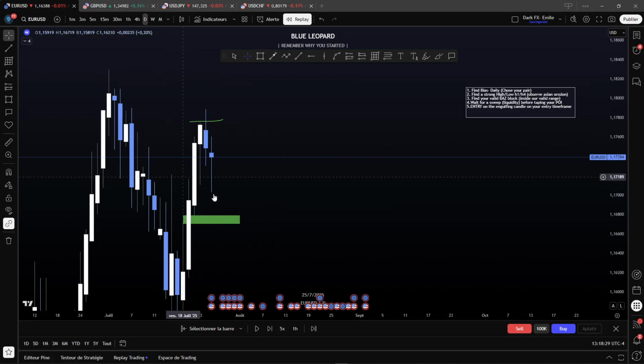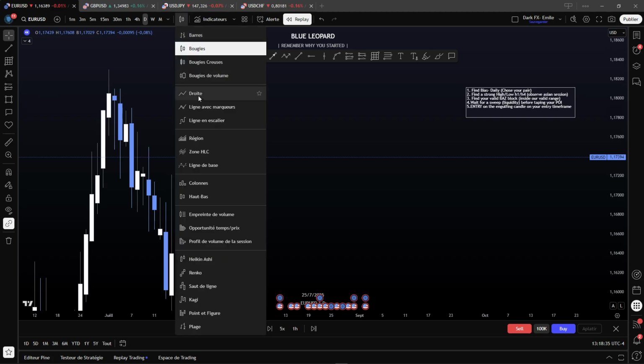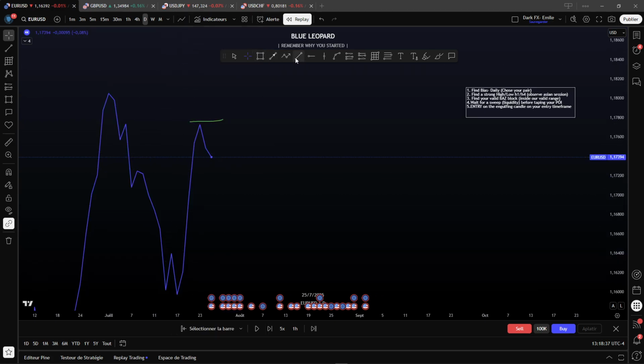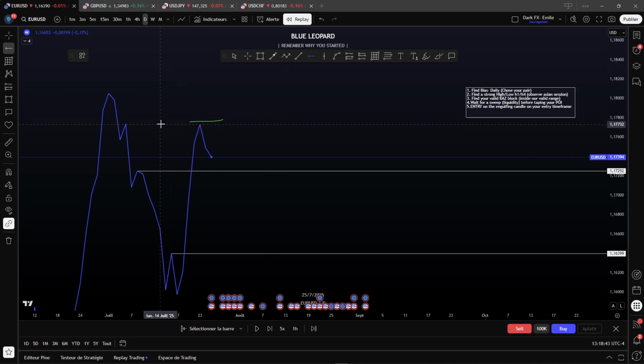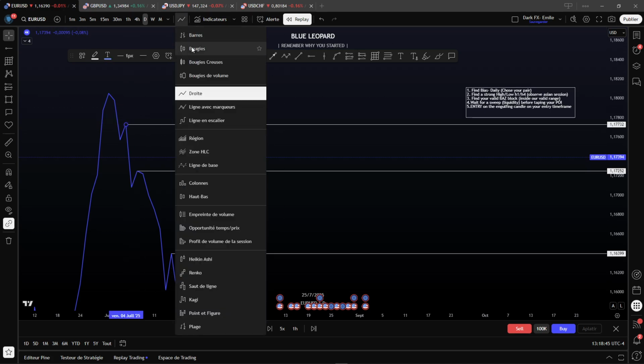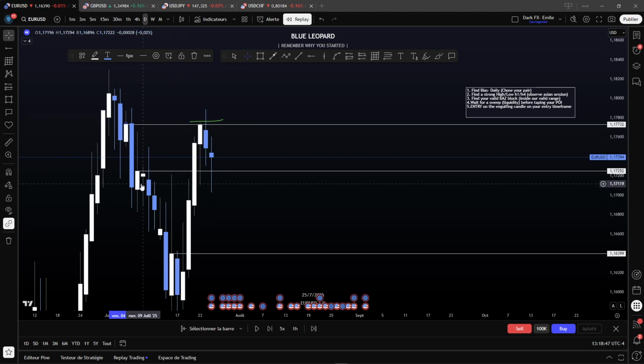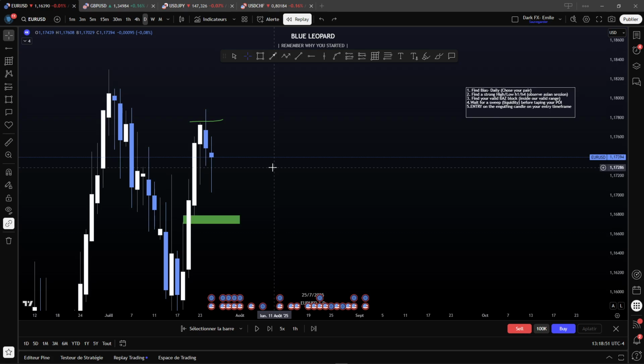And if you want to go in depth, you can even observe the key levels like this one, or this one, or this one, and price always comes and reacts on these key zones. So we stay in this idea and we say that we are going to sell.